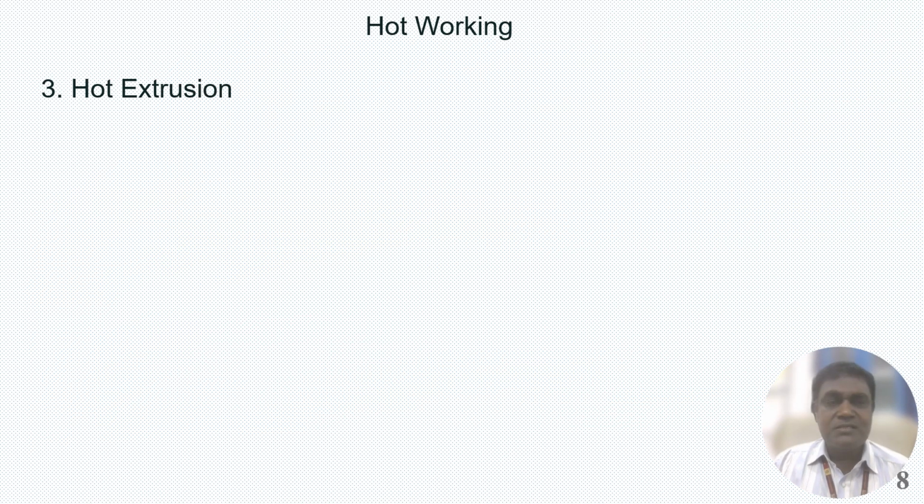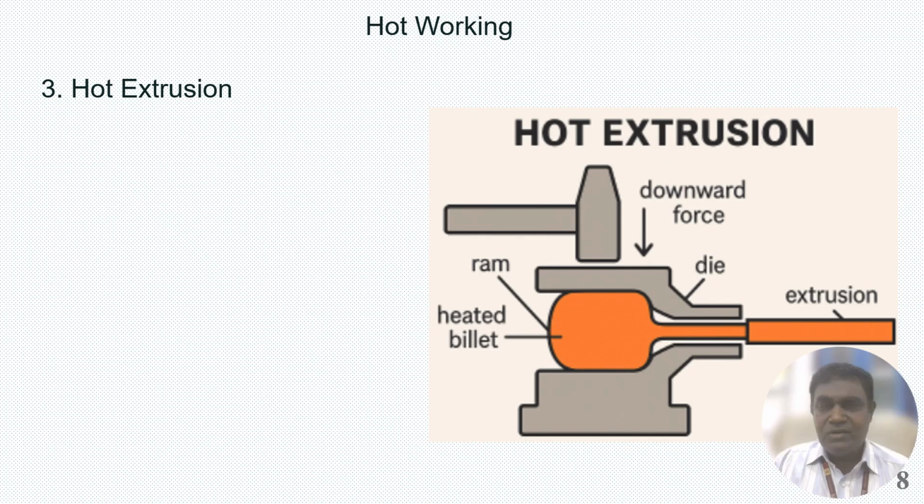Next, the third one is hot extrusion. In this process, the heated billet, which is above the recrystallization temperature, is placed here, and through this die, of different sizes and shapes as per the requirement, we apply a downward force on the heated billet.